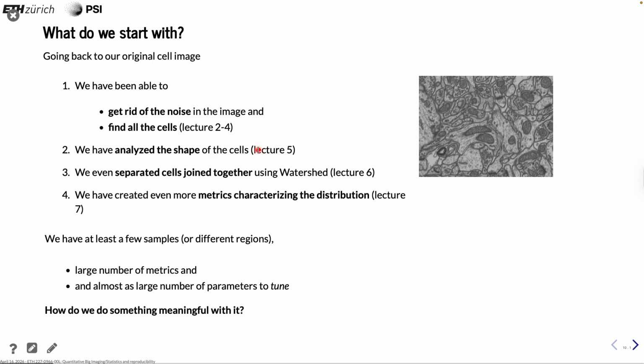We have analyzed the shape of these cells. And then if the cells may be touching, we could actually separate them too using the watershed from lecture 6. And we have even some more metrics to characterize distributions of locations.